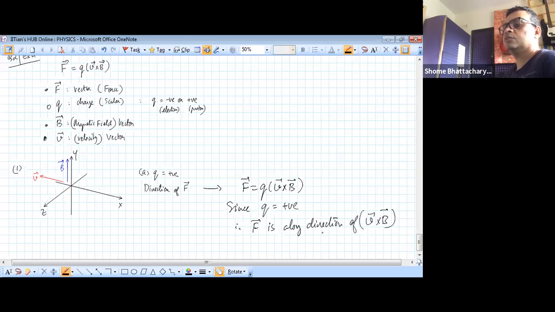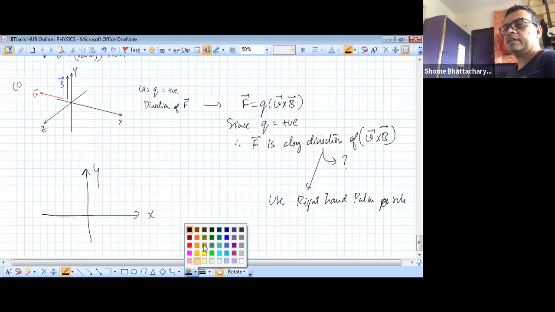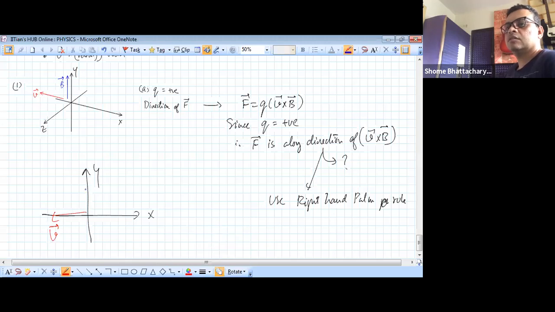Now what about the direction of V cross B? How will this come out? We can use the right hand palm rule. Imagine you're looking straight in the XY plane, and your velocity vector is like this, and your magnetic field vector is like this.